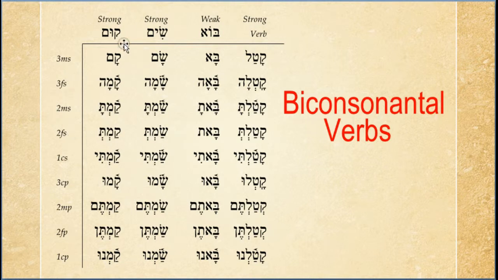We have the strong and the weak, and our regular strong qatal paradigm that we've been studying all along, side by side, and you can compare them and see what changes actually happen. And there's a number of changes that occur, but the way biconsonantal verbs behave is unique in that sense.